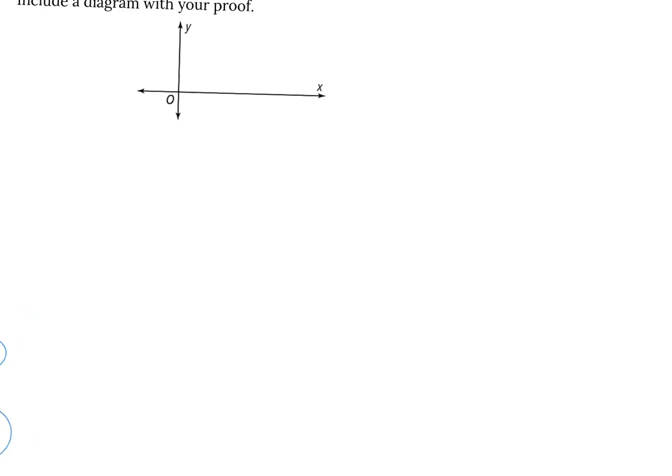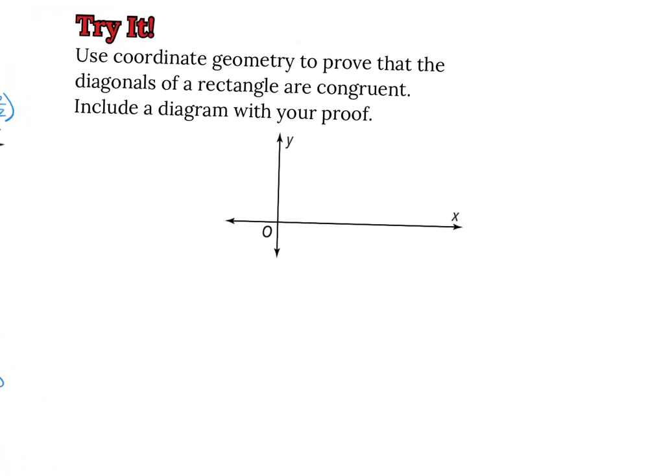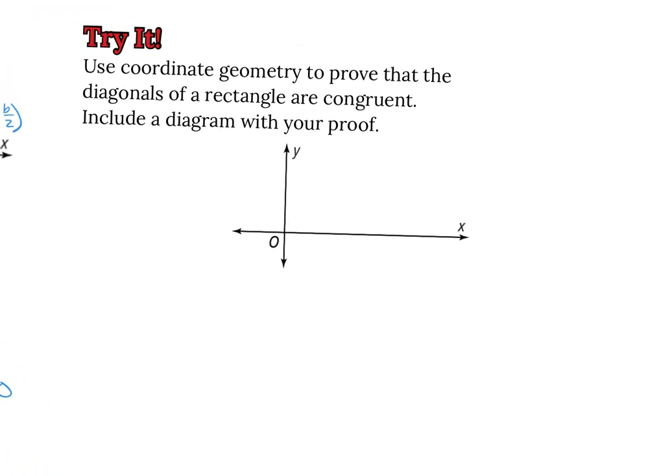Okay, let's look at the try it. Use coordinate geometry to prove that the diagonals of a rectangle are congruent. All right, so very similar to the square that we had come up with above, but this time it's a rectangle. So again, our A is at 0, 0.